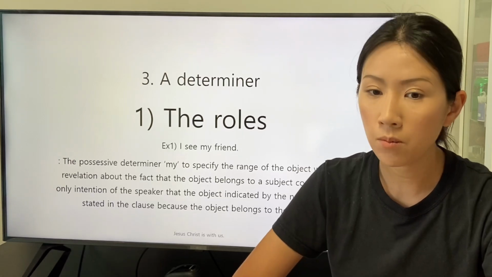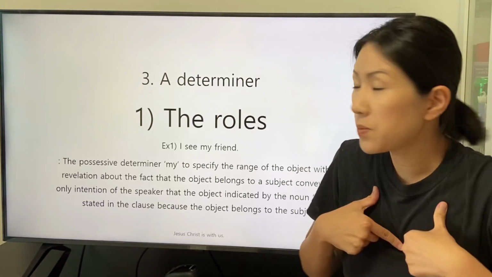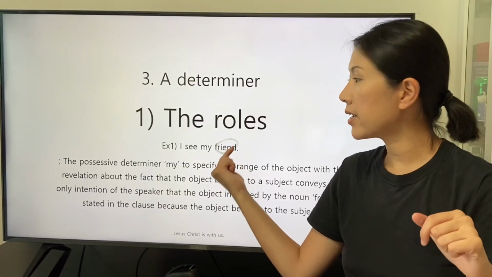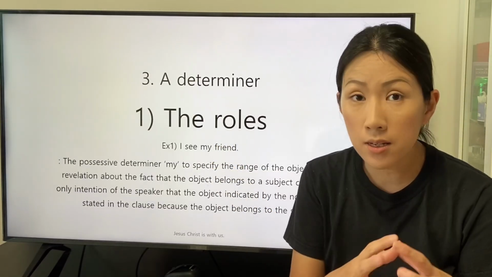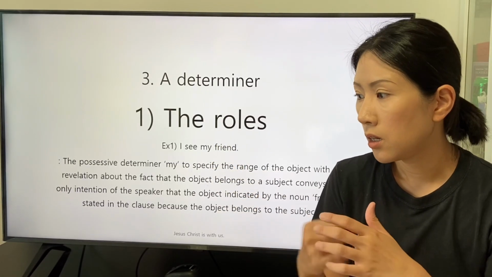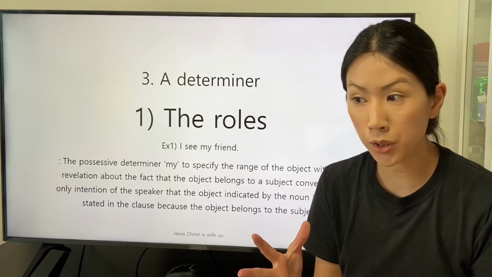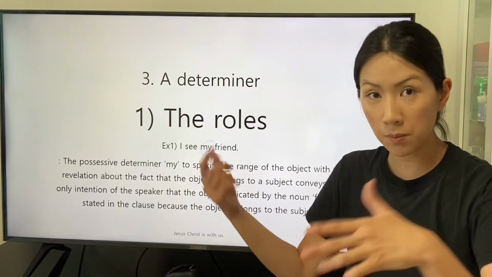Who is the speaker? The speaker focuses on the fact that the object indicated by the general noun friend is related to the speaker as the subject.